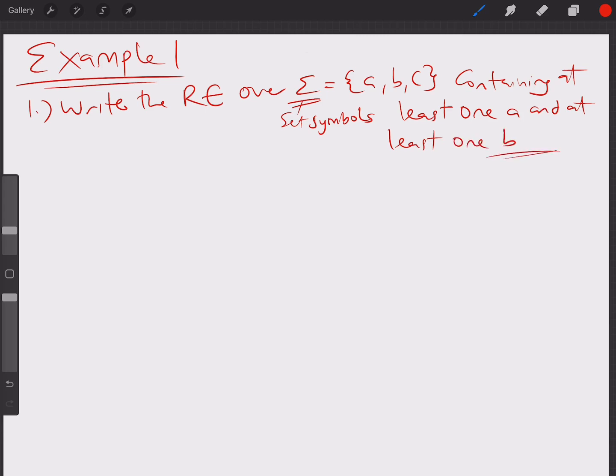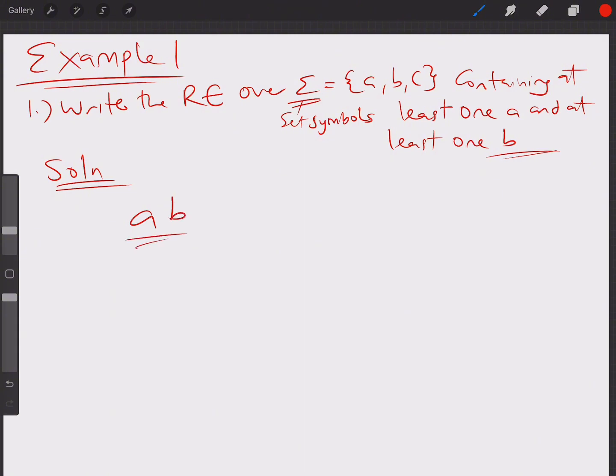Please note that regular expressions are usually not what they seem to be. It's easy to conclude at least one A or one B, and then the solution A, B. At least one A and one B, right?